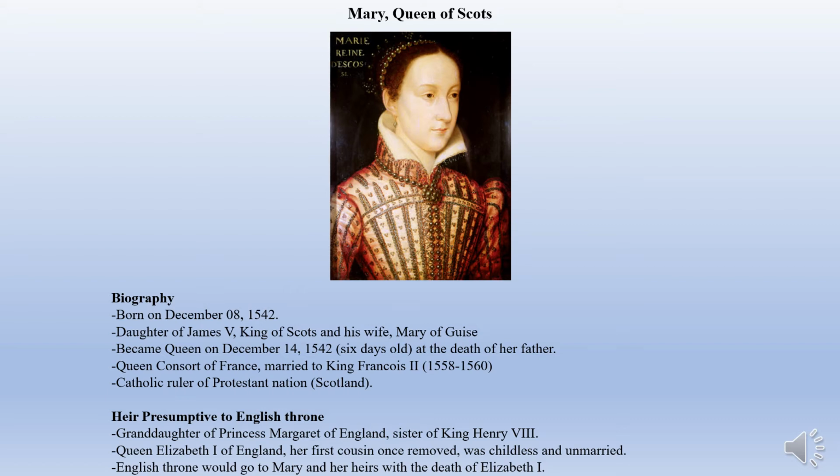Her father was killed in battle against the English. And she's also been married for a few years to the King of France, King Francois II. And after he died in 1560, she's sent home to Scotland. And even though she's nominally a Catholic, she's the ruler of a Protestant country, and it's fine.